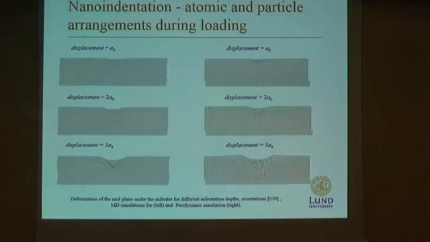We also compared the arrangement of the particles during the test. What you see on the left side here is the molecular dynamics simulation. On the right side are the peridynamic simulations for the orientation 0, 1, 0, and 3 different displacements, where A0 is the size of the unit cell.